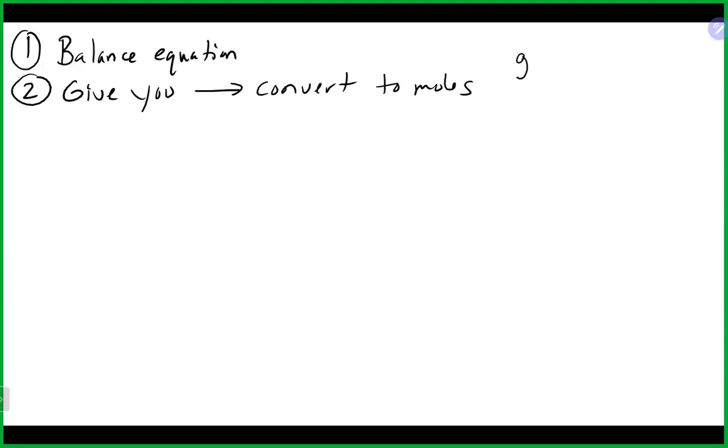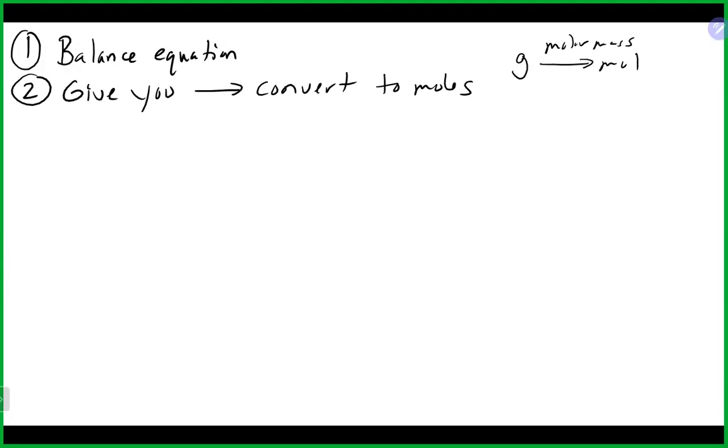Pretty much automatic, whatever they give you, you need to convert to moles. Now, I would say probably most commonly, that is going to be what we just talked about, our grams to mole conversion, which again would be your molar mass from the periodic table that you would use for that conversion.